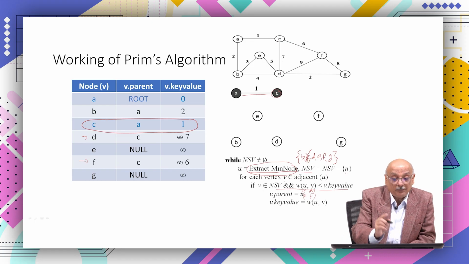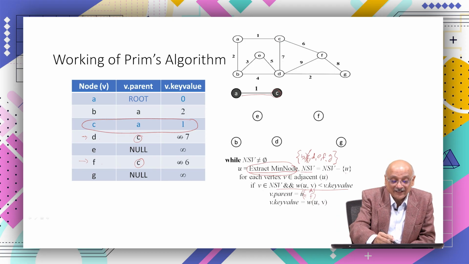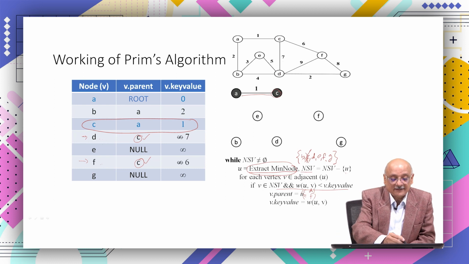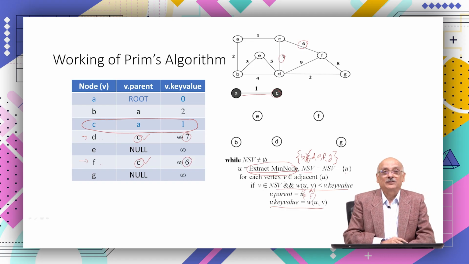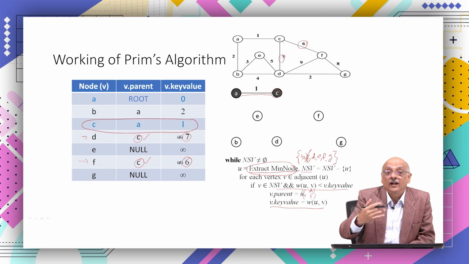Please note, the parent of D and F will be C, because the node which we have removed, U in this particular case, is C. The weight changes from infinite: C to D has a weight of 7, and C to F has a weight of 6. So you can see that the nodes and the values have been changed accordingly.